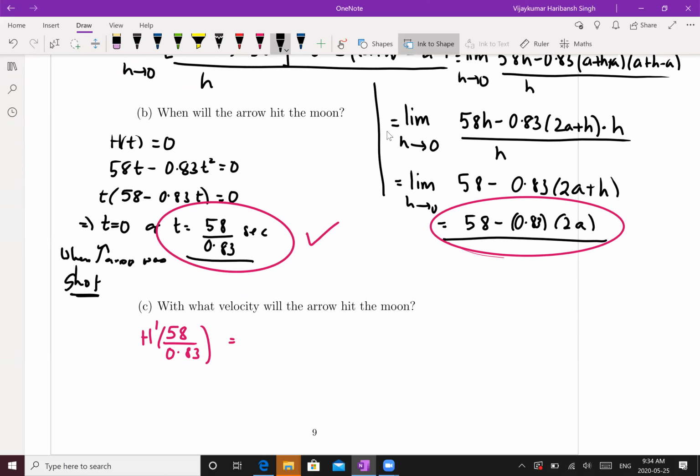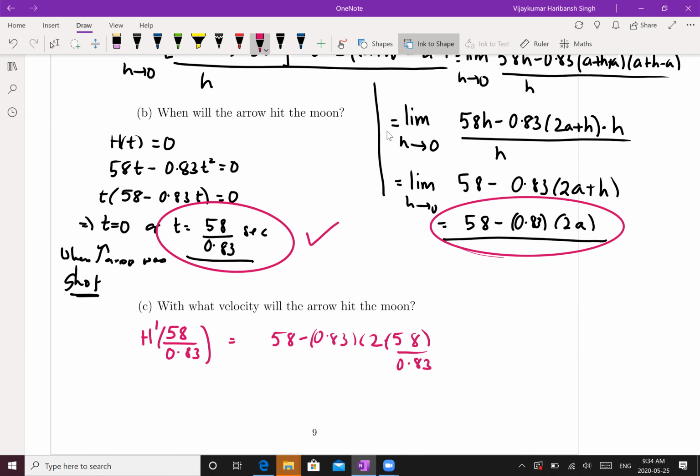So we get 58 minus 0.83 times 2 times 58 divided by 0.83. Okay, so this is the velocity with which it will hit.